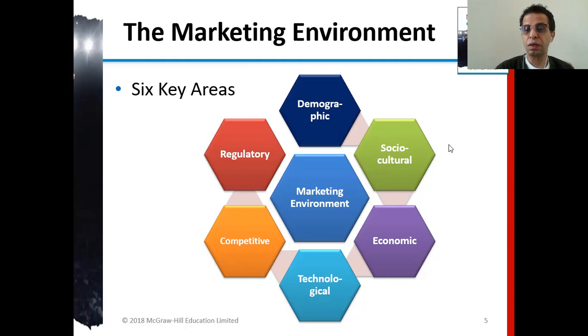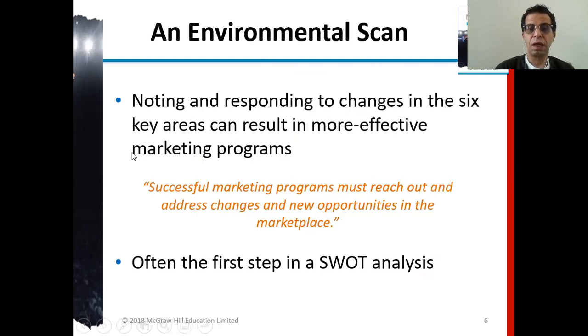Basically, we need to do, first of all, an environmental scan. Noting and responding to the changes in the 6 areas that we mentioned can result in more effective marketing programs.